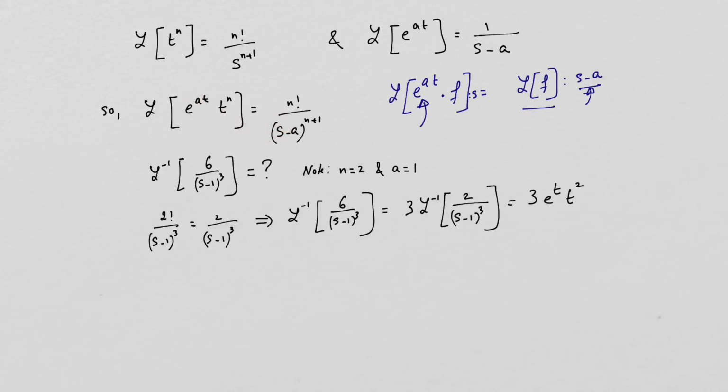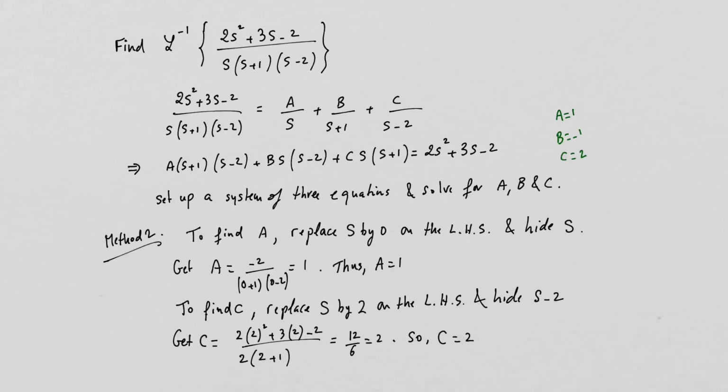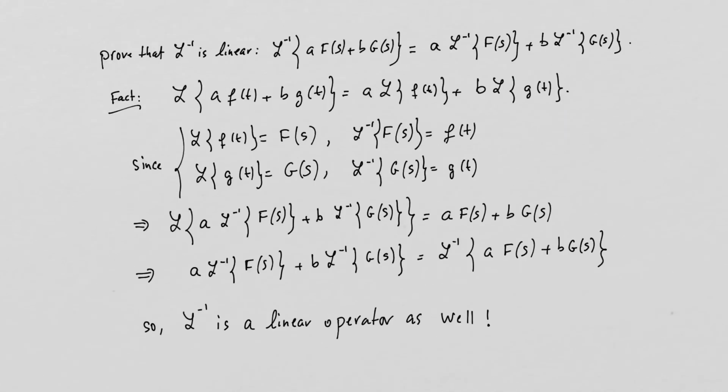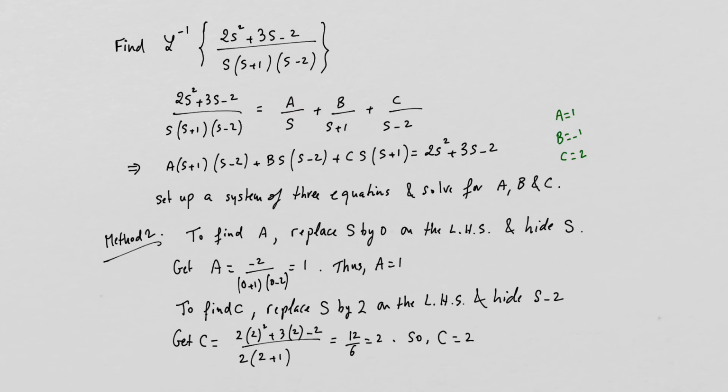So now, the reason I went over this is that, even though now you know a shortcut here, sometimes the bottom looks like s to the fourth, let's say you're given something like this.